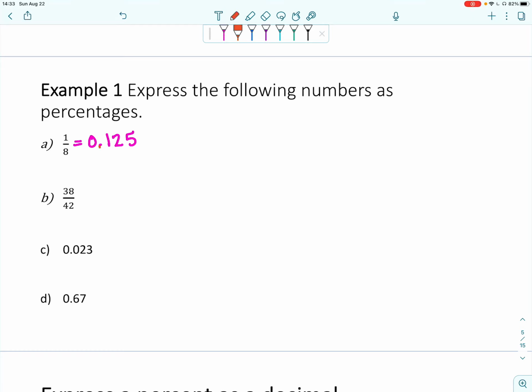So I'm going to move it 1, 2. And that turns this into 12.5%. So if you've eaten 1/8 of a pizza, then you ate 12.5% of that pizza.